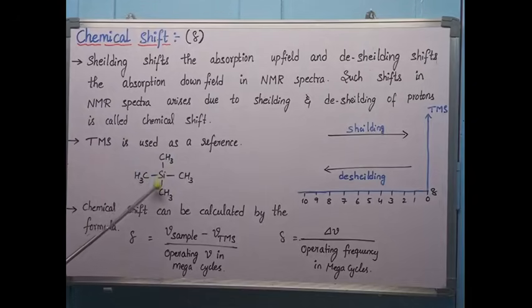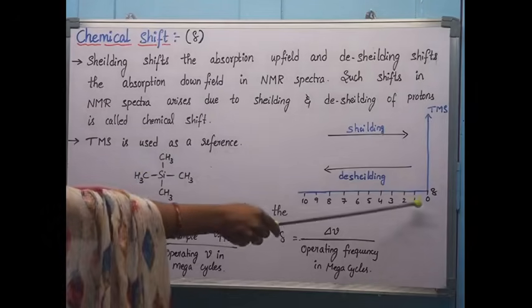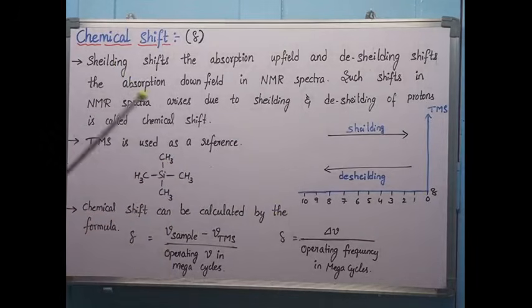They all have the same distance from the silicon. Because of the electropositivity of silicon, they are highly shielded. This shielding gives the peak at the lowest value in the NMR spectra. You can observe the peak is observed at 0. That is the reason we take TMS as a reference molecule.